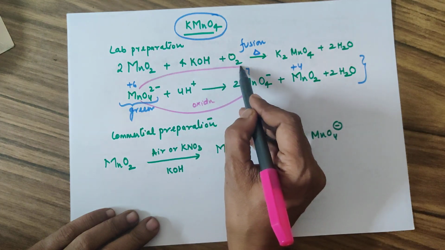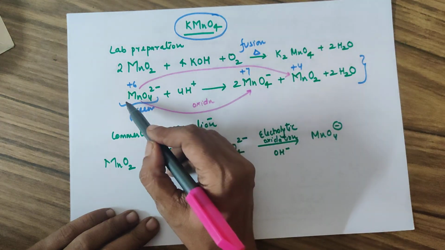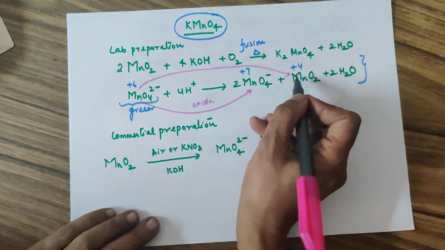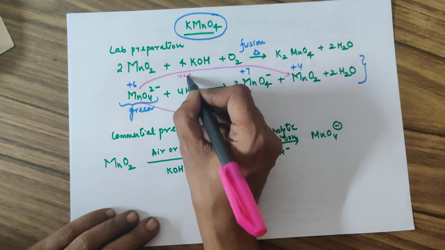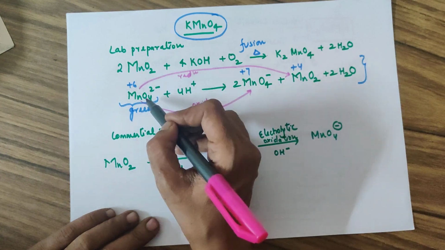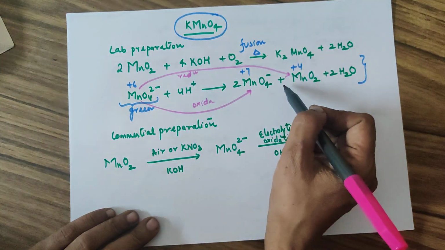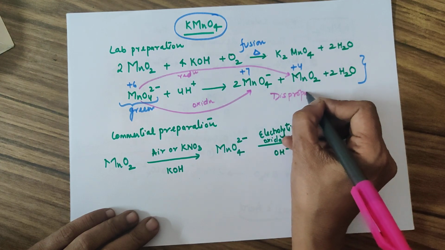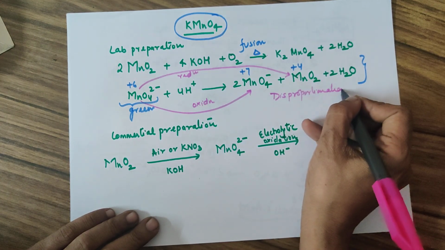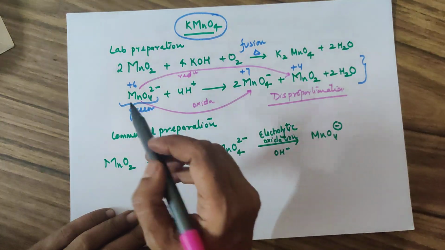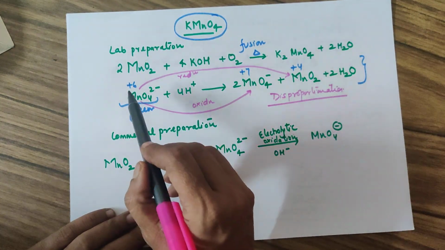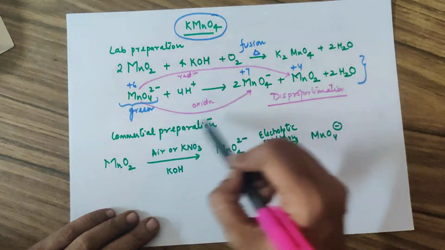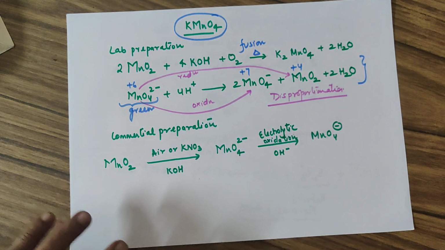Mn is transforming from MnO4 2 minus to MnO2, your Mn is going from +6 to +4. इस बार decrease in oxidation number हो रहा है, मतलब रिडक्शन हो रहा है, which means the same element is undergoing oxidation as well as reduction. Such a reaction is known as disproportionation reaction. Mn is transforming from +6 to +7, that's oxidation, and from +6 to +4, that's reduction. So this is one example of disproportionation reaction.